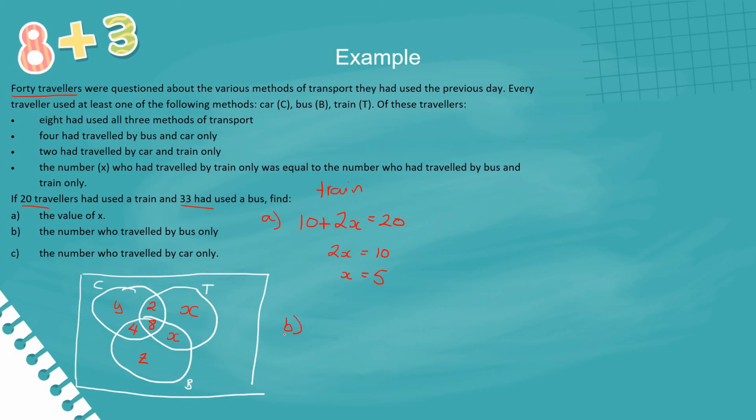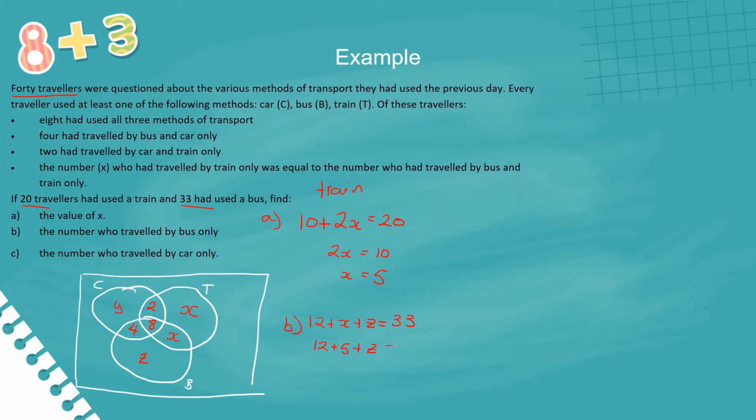Okay. Continuing on now, so that's my answer for part A, x equals 5. Part B, the number who travelled by bus only. So now I'm looking at the bus circle. So in here I've got 4 plus 8 is 12, plus x plus z equals 33. In this case I've already worked out x is 5, so I can substitute it straight back in.